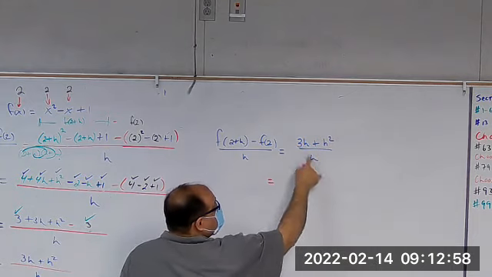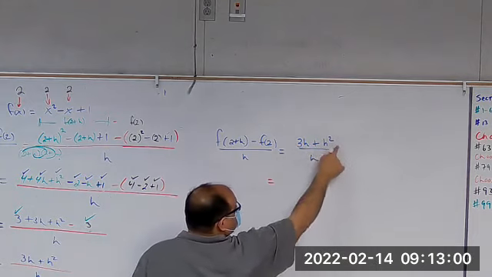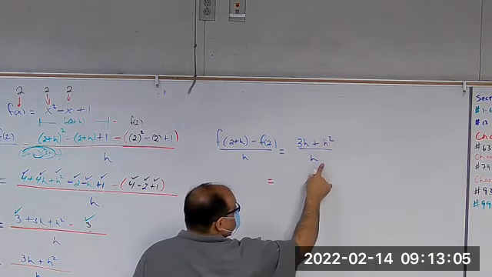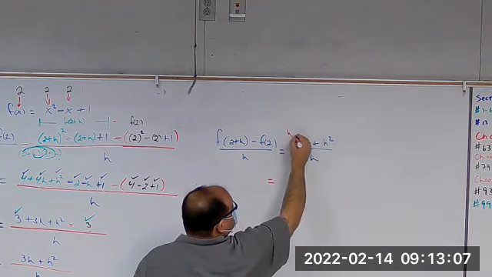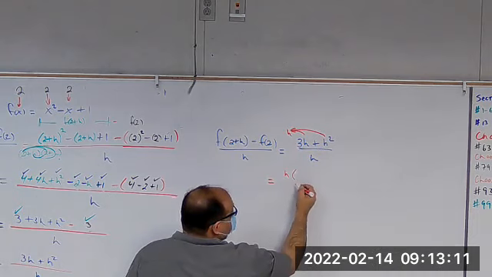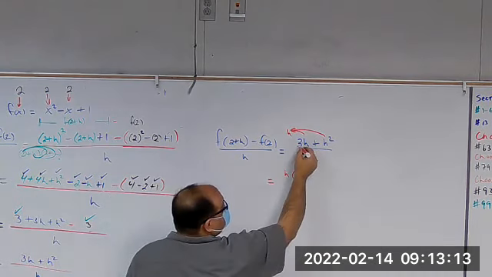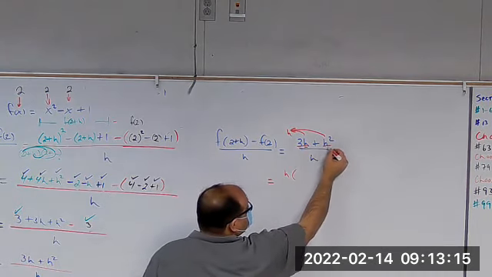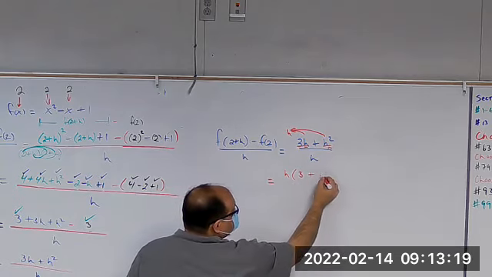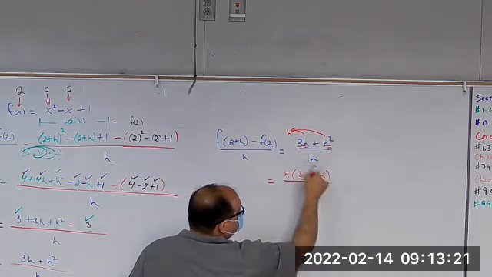All of these terms have a common factor; they all have an h in them. So you factor out the h. And when you factor out, you're dividing: I'm dividing this one by h and this one by h. So in the parentheses, I'm left with 3 plus h, over this h.